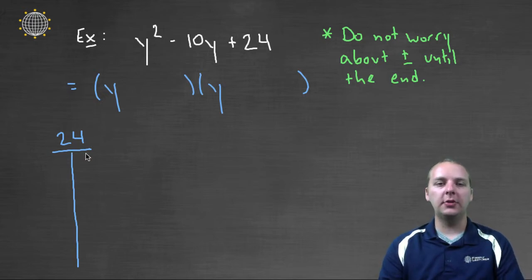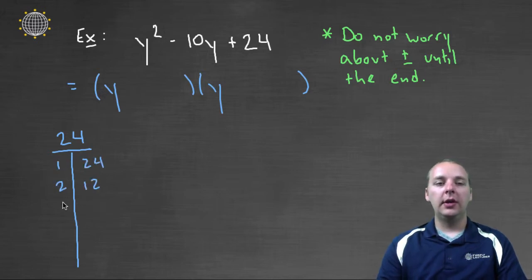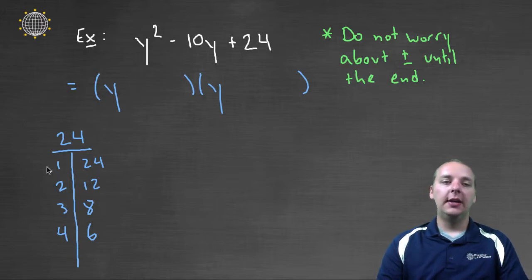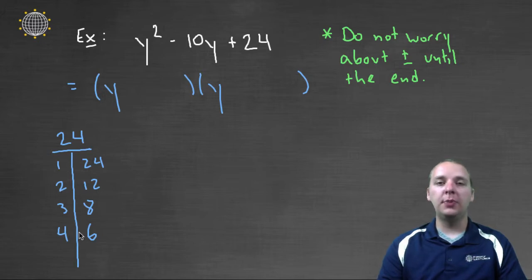So when you look at the factors of 24, you'd have 1 and 24, you'd have 2 times 12, you'd have 3 times 8, you'd have 4 times 6, and so that's a lot of options. And if we also put in the negatives, negative 1 and negative 24 and negative 2 and negative 12, and all those pairs would be added as well. We're not going to add those though. We're just going to leave this as our list.